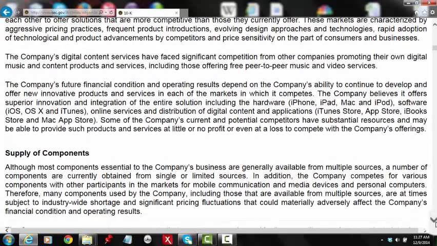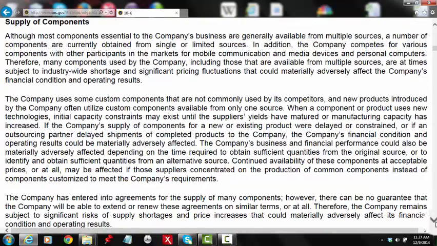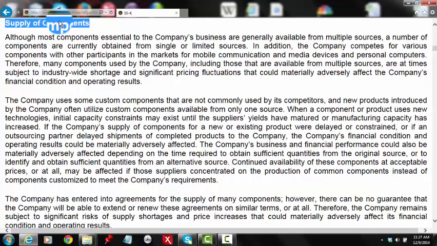And supply of components. See, this is very important, because the way Apple's ecosystem works is it procures pretty much all its hardware products from Asia. So one needs to really focus on how its supply is working.